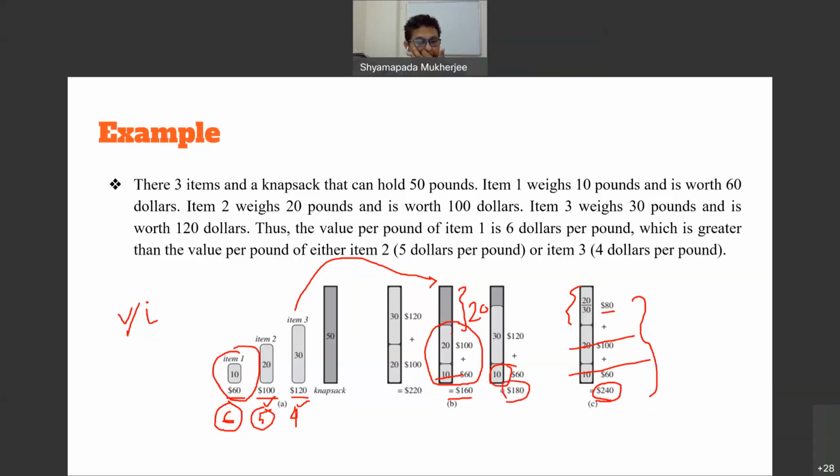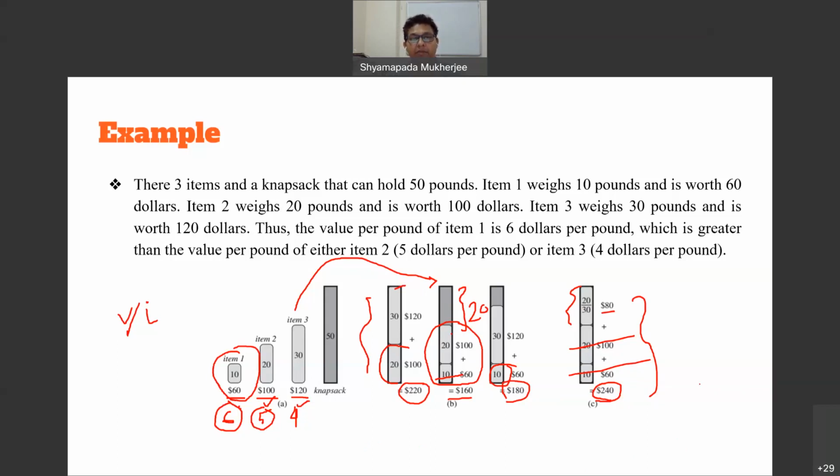But if we take item 2 completely first and then item 3 completely, the knapsack is full and the optimal solution we get is $220. So for the 0 1 knapsack problem we cannot apply a greedy algorithm; it will not give an optimal solution.